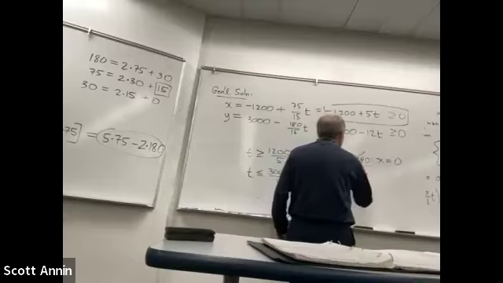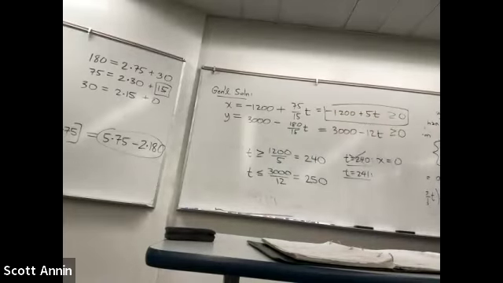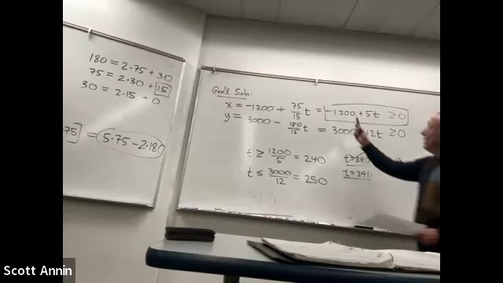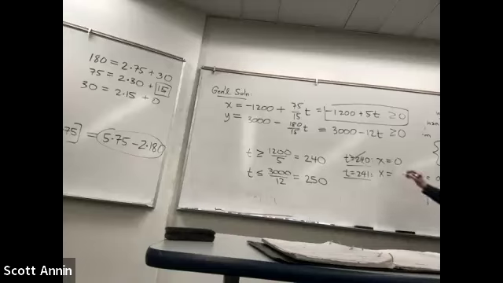And if you even try, okay, well, 241. Now for 241, if I plug that in here, it's just going to jack X up to 5, I guess. Yeah, 5 adults.